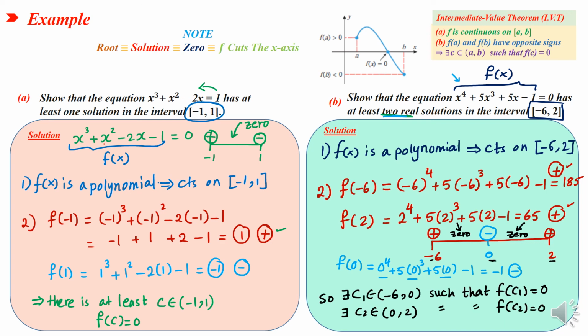And this means we have at least two real solutions in the entire interval from negative 6 to 2. So this is the idea of the question. The interval is not ready in this example, so you have to split the interval into two sub-intervals, and apply the IVT in two intervals, not the entire interval. And that's it. Thank you.